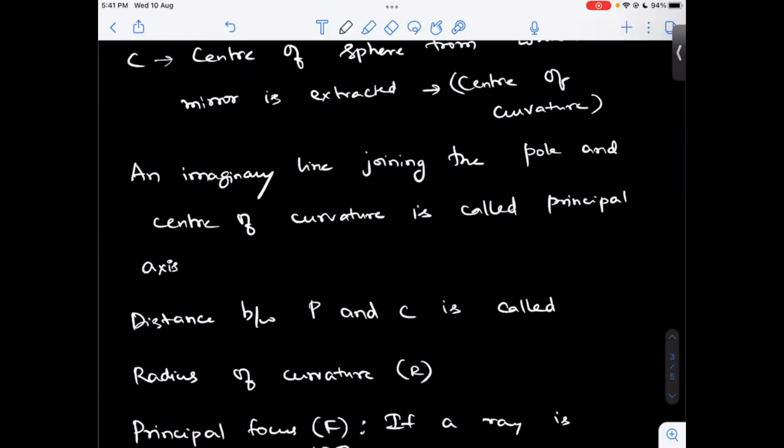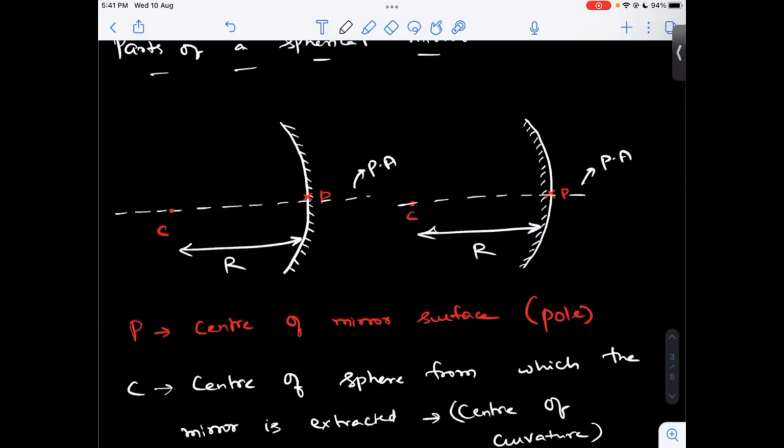So let us take a ray and observe. If a ray is considered parallel to the principal axis, I want everybody to observe. At the point of incidence, what are we supposed to do? Draw the normal. Normal for a plane surface is easy. You'll just draw the perpendicular.